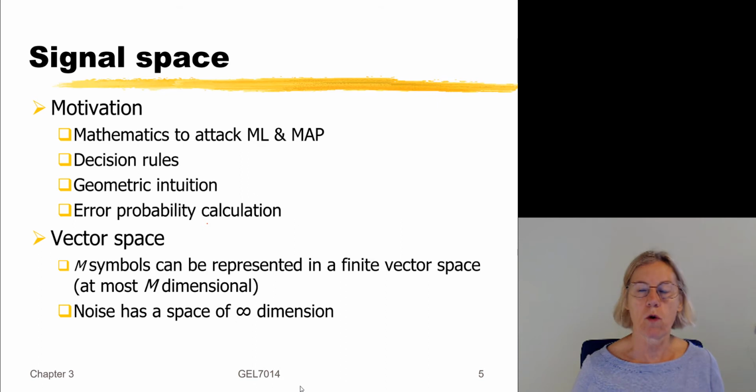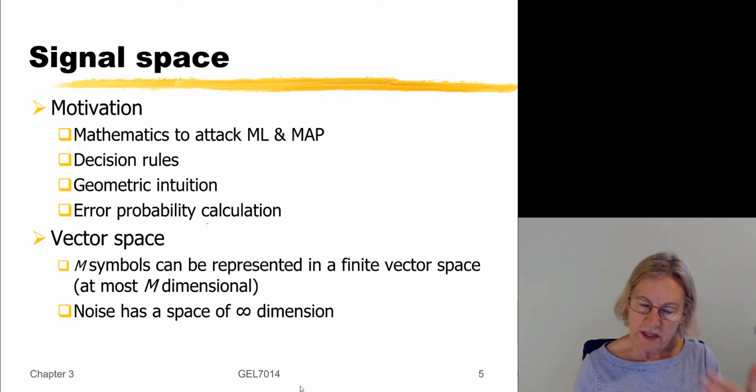Now, that's true for my signals because I have a finite number. But what about noise? In the case of noise, noise can be anywhere. It's not just in the structure of the M signals that I decide that I will transmit. So noise has a vector space as well, but this vector space, the noise space, is of infinite dimension.